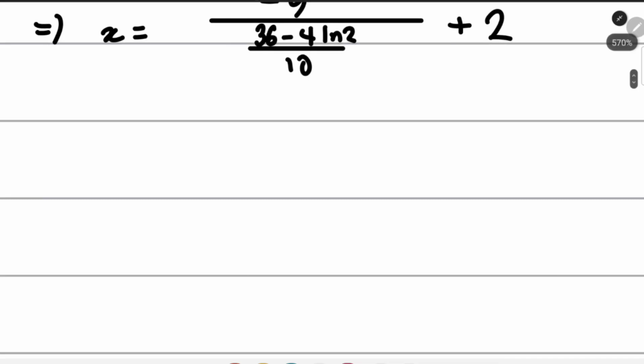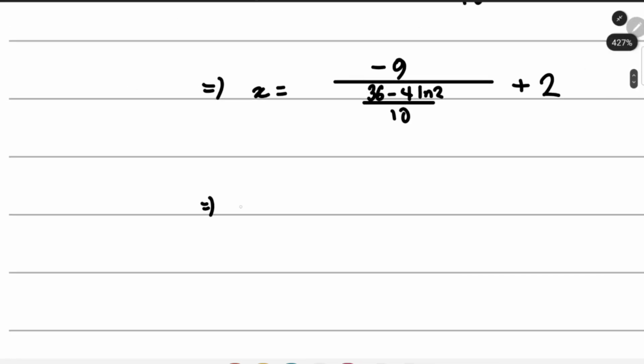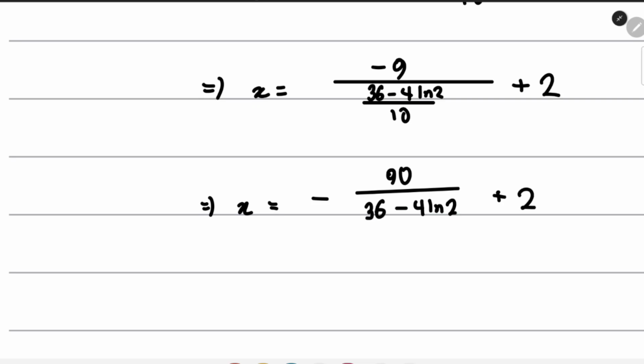But we are not done simplifying this yet. I can move the 10 to the top. I'll get minus 90 divided by 36 minus 4 ln 2, plus 2.